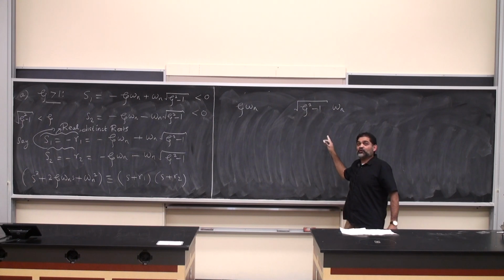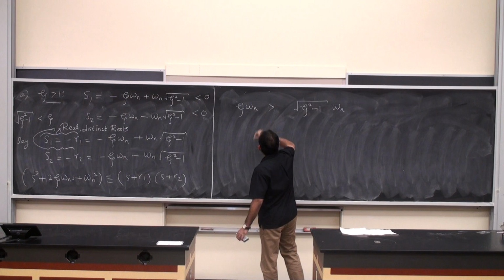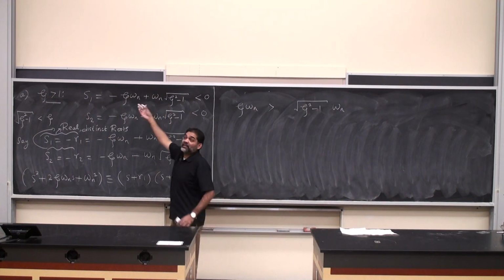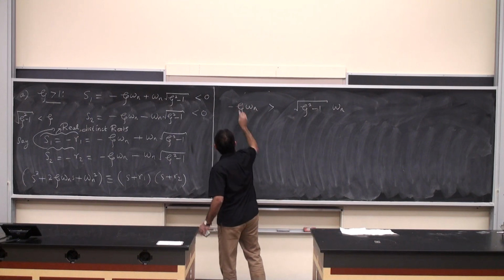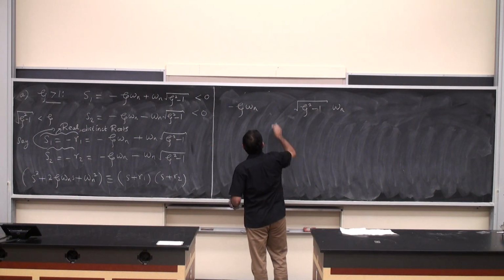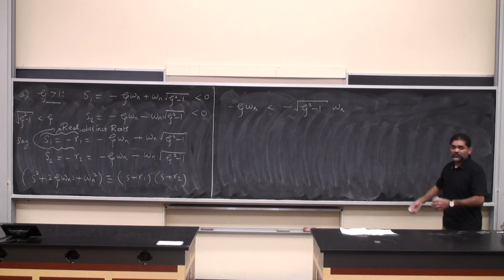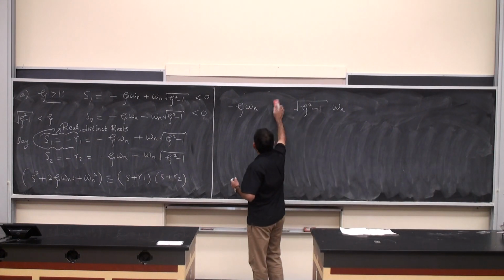But the square root of zeta squared minus 1 is always less than zeta, right? So this is always greater than that, which means that if I put a negative sign, then the negative of this is always less than the negative of that, in magnitude. So you can always think of it in terms of the magnitudes.